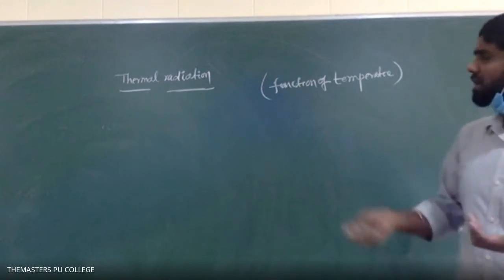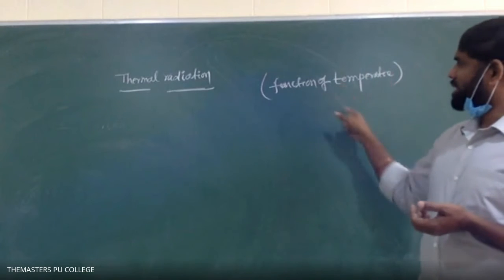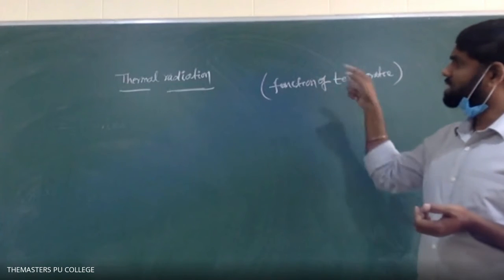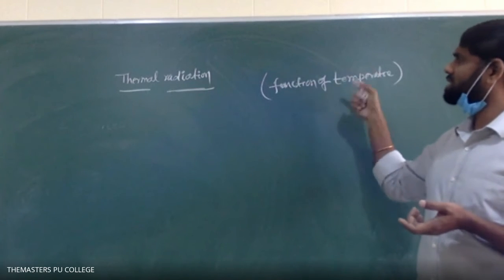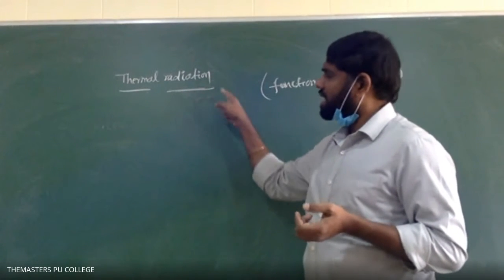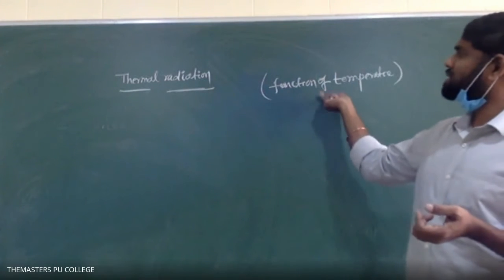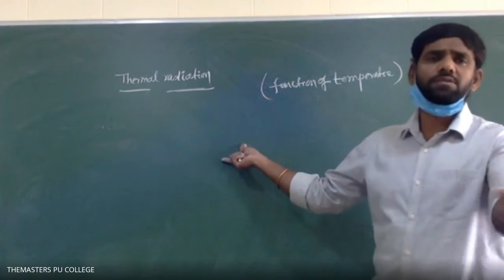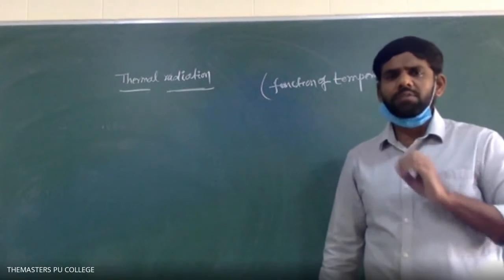We will see internal energy in the chapter on thermodynamics. The emission of electromagnetic waves due to the temperature of an object is known as thermal radiation. Every body emits thermal radiation.